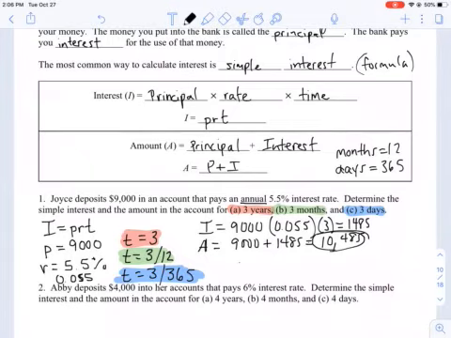And we just repeat that process, just changing the T every time, because we're looking at different times, but the same principal and the same rate. So interest equals 9,000 times our rate times our time, 3/12. Now, I might not do all 3 of these just because I don't have the room, but also because it's the same process every time.